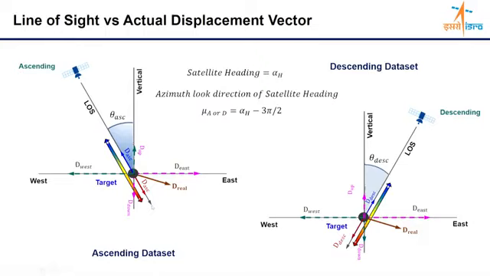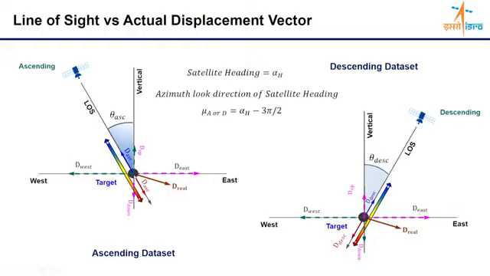From a single pass we are not able to investigate the horizontal or vertical components of the displacement vector, or the deformation vector, of the target. We only get the deformation along the radar line of sight, either towards or away from the satellite. If the displacement vector of this target is towards the satellite, that displacement is denoted by a positive sign.